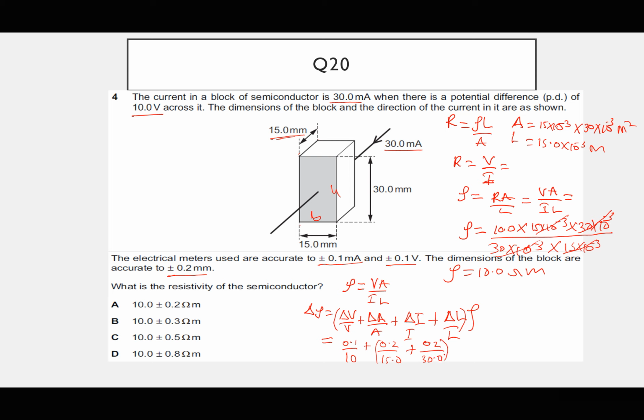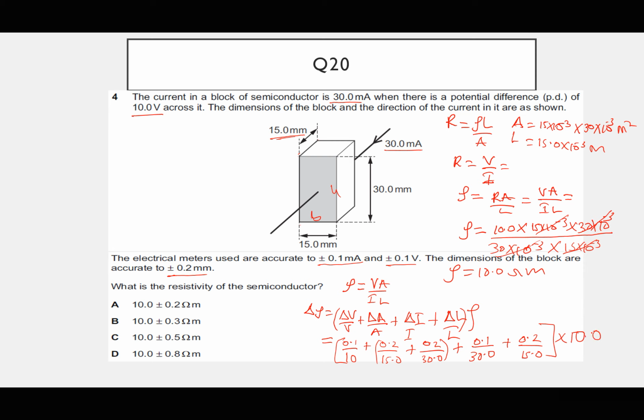I will not change the units because they're in millimeters. Then plus, for I, the uncertainty is 0.1 in milliamperes divided by 30.0 in milliamperes plus, for L, it is also 0.2 millimeters divided by 15.0. Then I will multiply all this by the true value of the resistivity, which is 10.0.